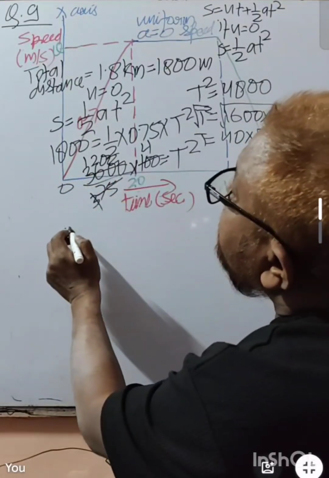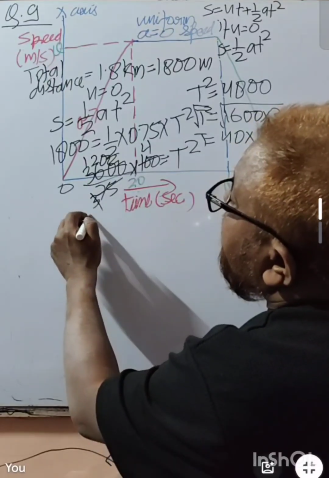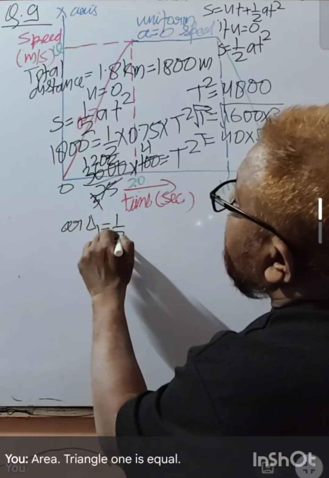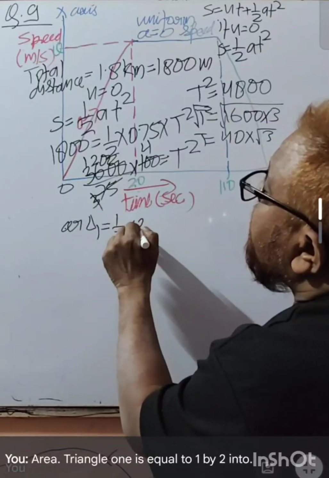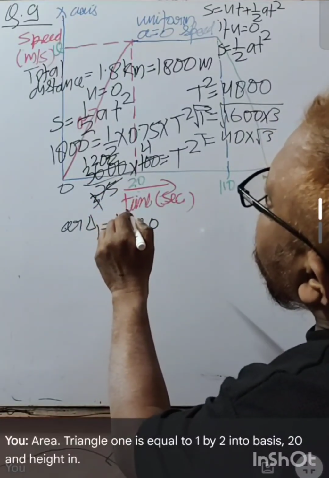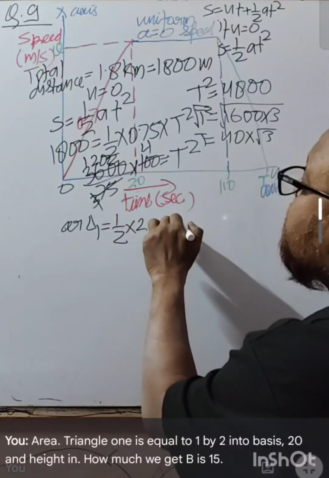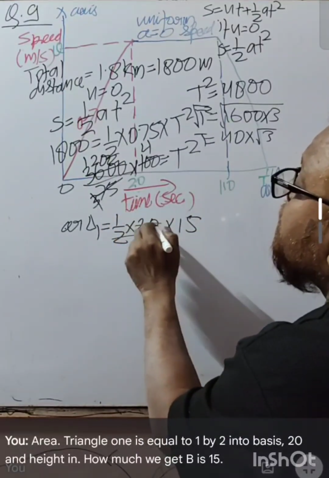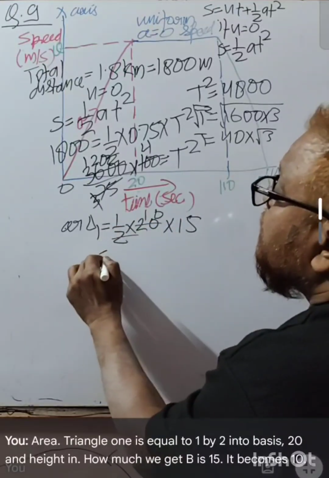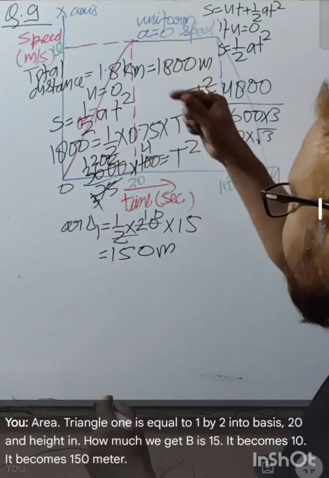Here is area of triangle 1 is equal to 1 by 2 into base is 20 and height is... how much do we get? V is 15, no? 15. It becomes 10. It becomes 150 meter. Okay.